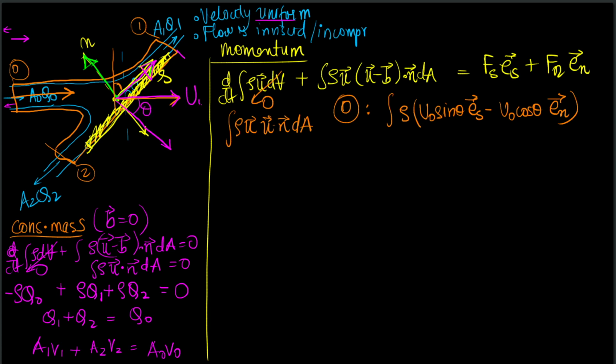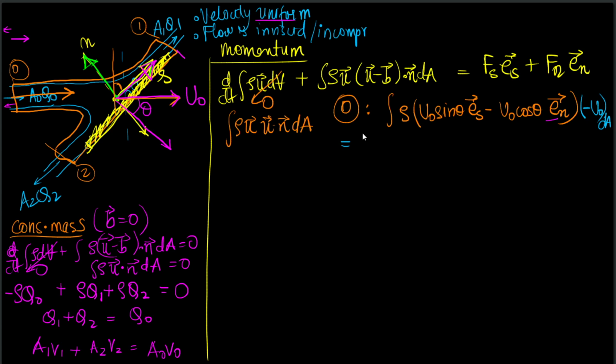So u naught cos theta is minus n direction, this and this. Okay, while u dot n cap is still going to be simply minus u naught times dA. So u dot n cap, because u is into the control volume and n is out of the control volume, we get this minus sign.